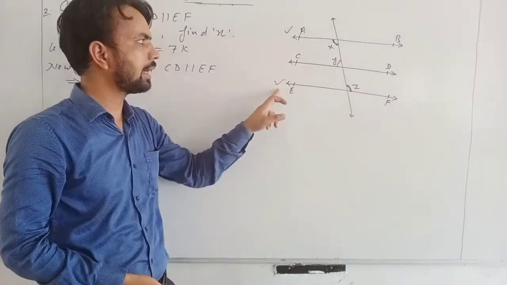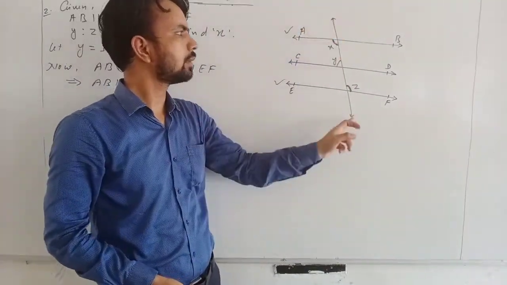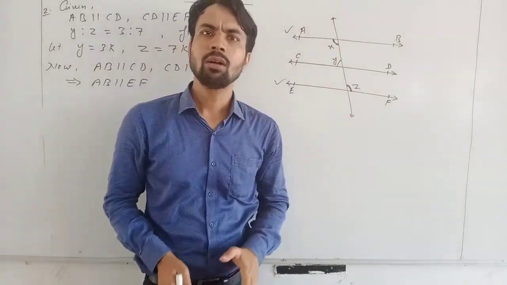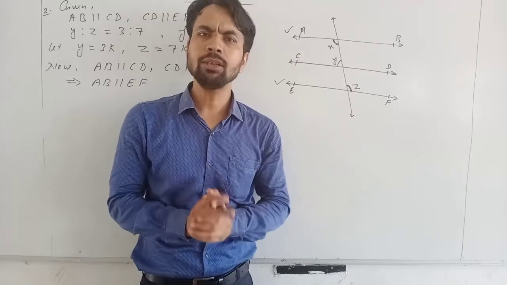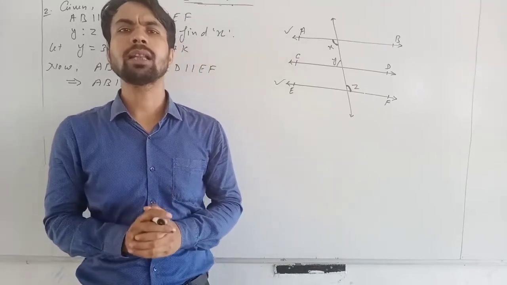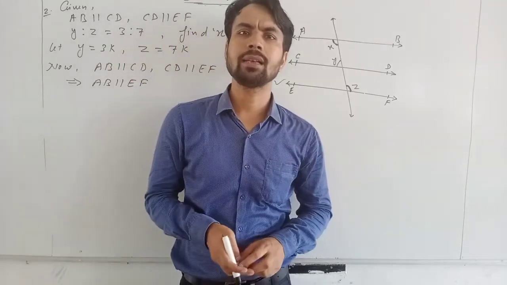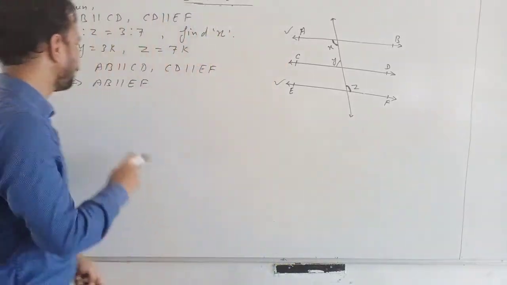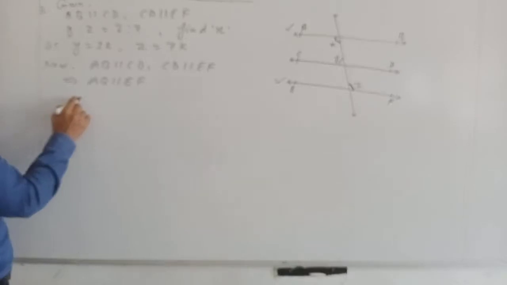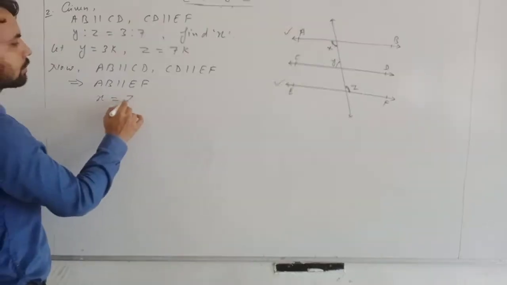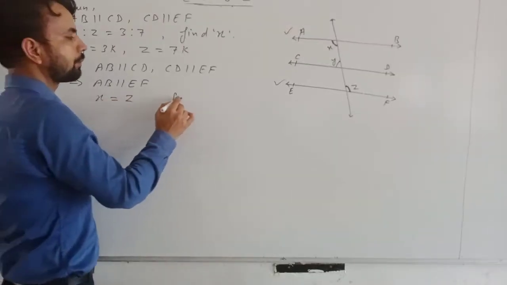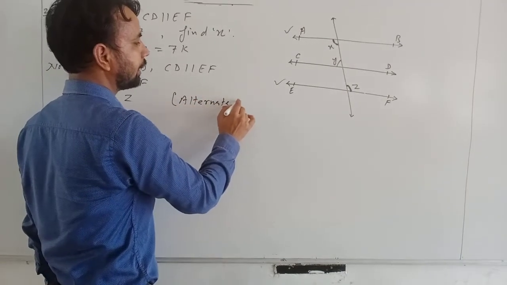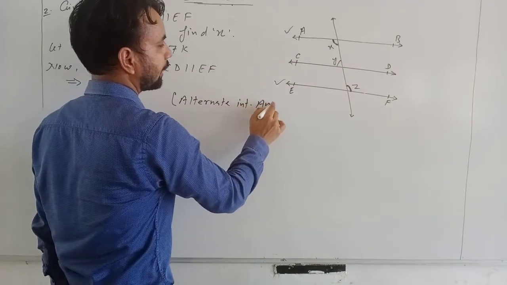Because AB and CD are parallel lines, this is transversal, then X and Z angles both are alternate interior angles, and we know that in the case of parallel lines, alternate interior angles are equal. Am I right? Yes. Now we will use this property. Then X equals to Z, reason alternate interior angles.